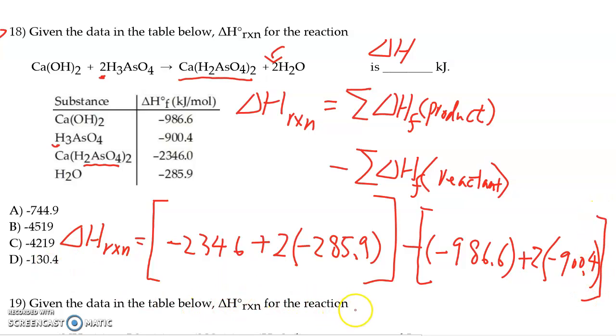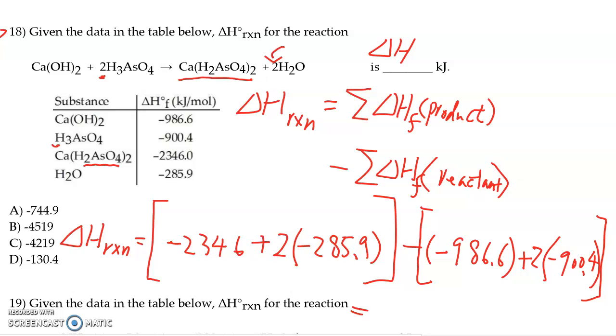Okay, so let's see what that is. What I have is negative 2346 plus 2 times negative 285.9, and then minus parentheses negative 986.6 plus 2 times negative 900.4.